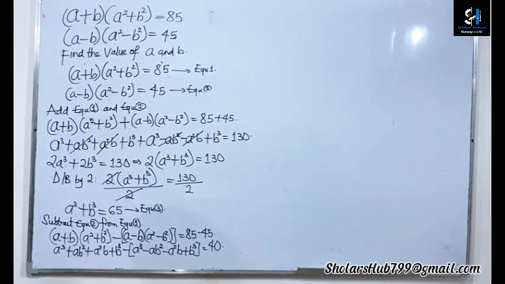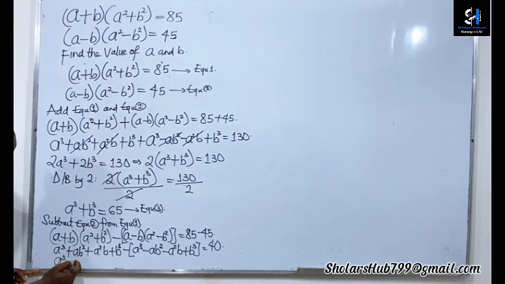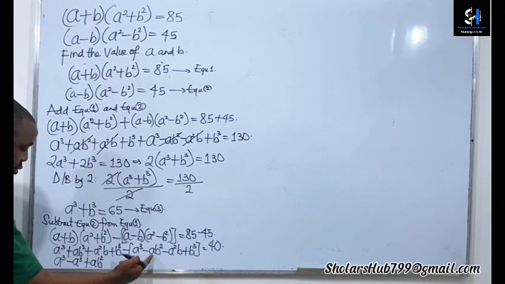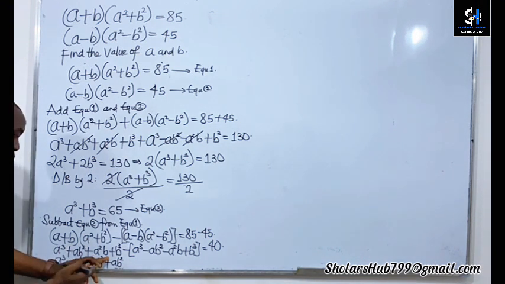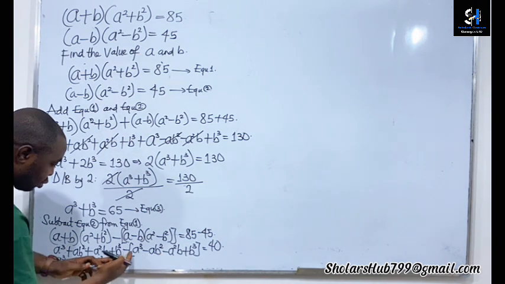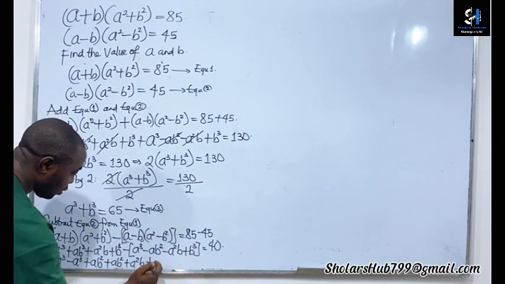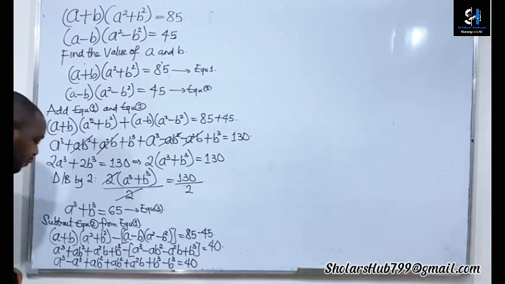All right, so in this case, if we remove the square bracket, we're going to have a³ − a³, then plus ab², negative times negative is what? Positive, so this will be plus ab², then a²b, then this also will be plus a²b, then plus b³ − b³ equals 40.